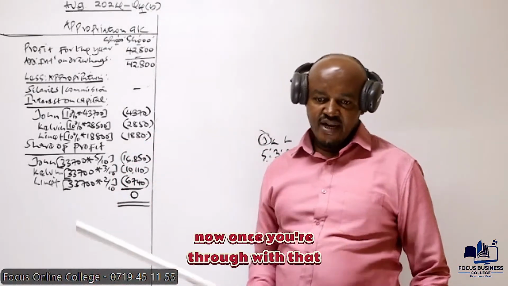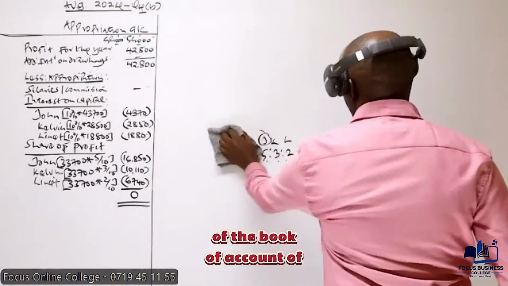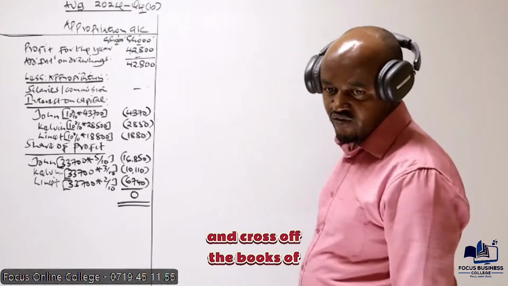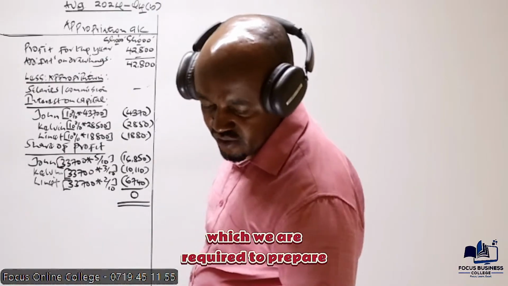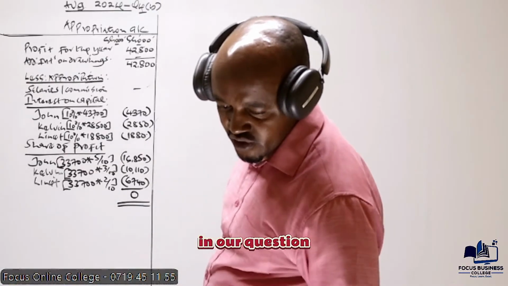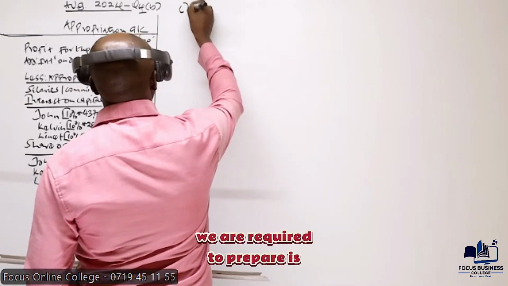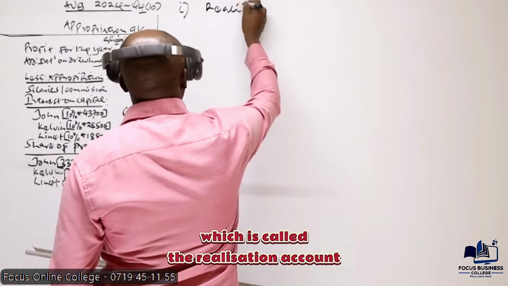Once we are through with that, we can proceed and close off the books of account of the partnership by preparing the 3 accounts which we are required to prepare in our question. The first account we are required to prepare is the realization account.